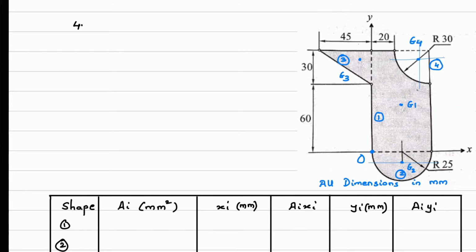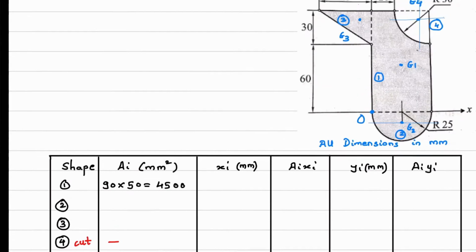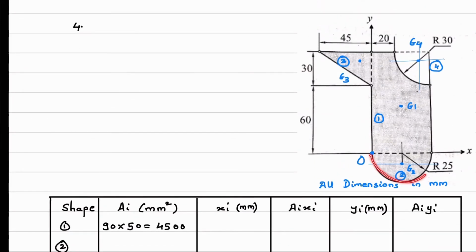So 90 multiplied by 50, area of rectangle. So this answer you can calculate. 90 multiplied by 50, 4500.